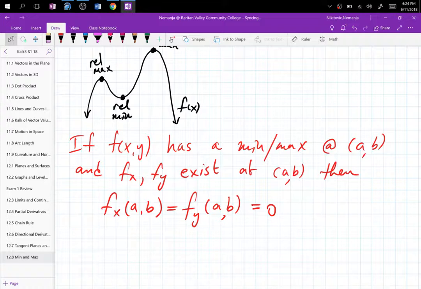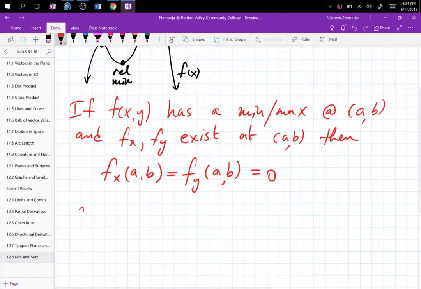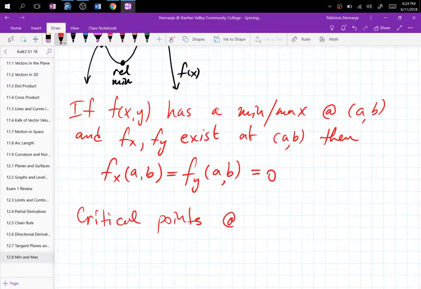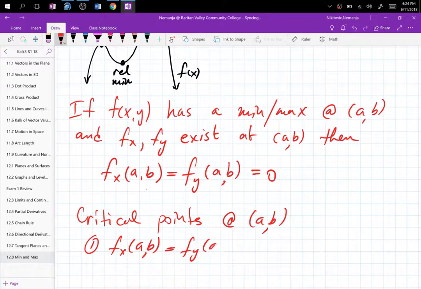So now, these are critical points at (a, b). Number 1, fx(a, b) is the same as fy(a, b), exactly what we had up there, equal to 0.